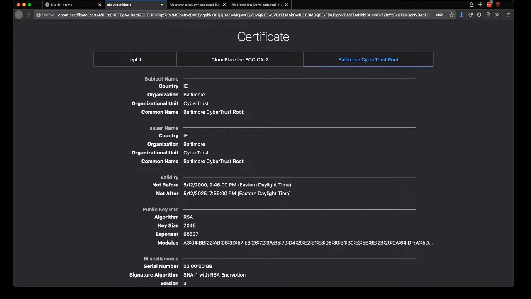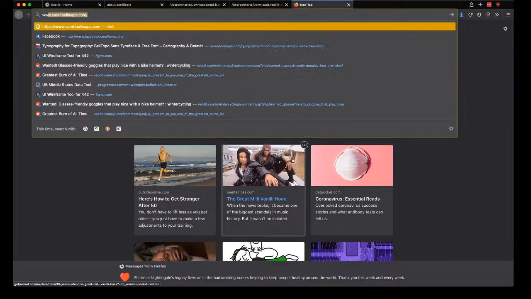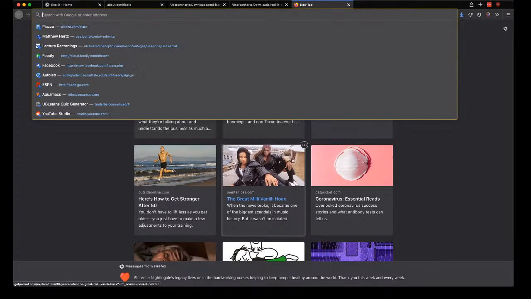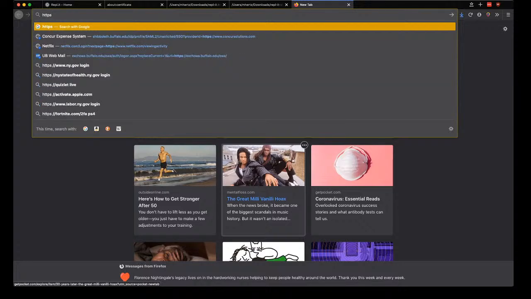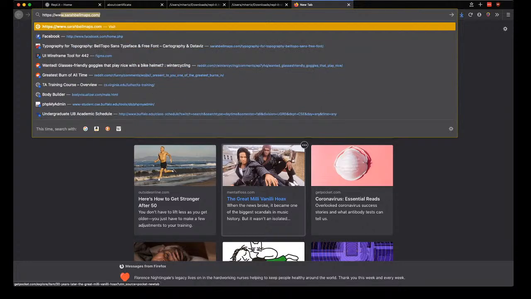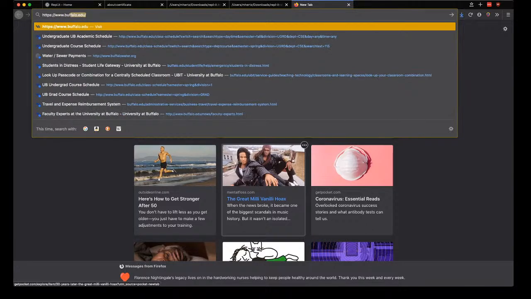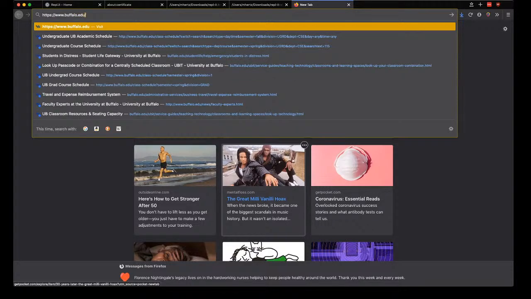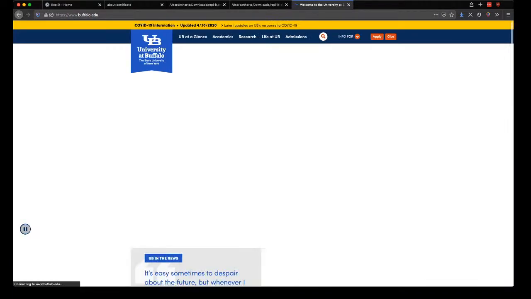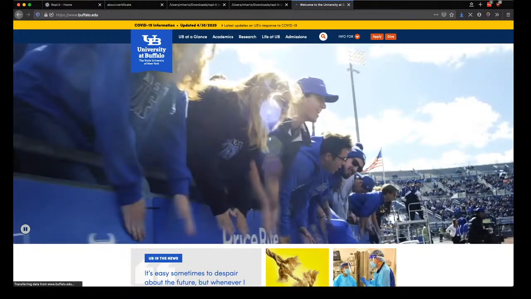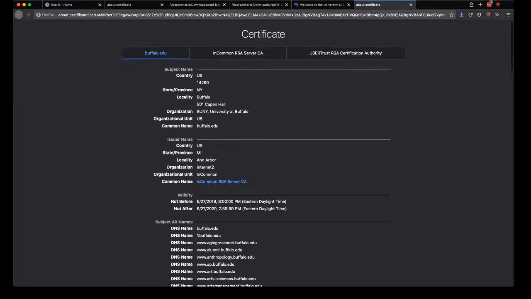So just to give you another example of how this might work, we could load up UB. I found out earlier today that, you can see all the different links I have, UB does not go to HTTPS by default, for reasons I don't know, but I can load up the secure version and pull up the information, the certificates we get for UB.